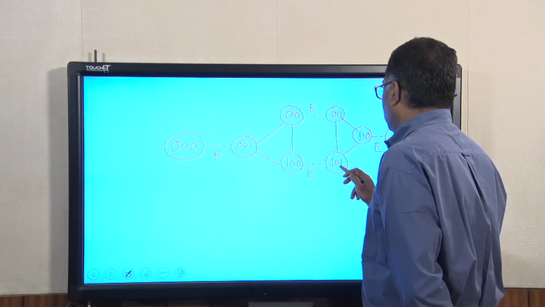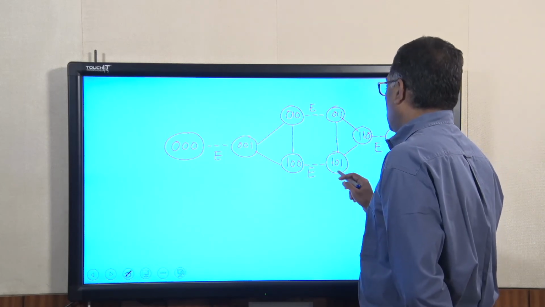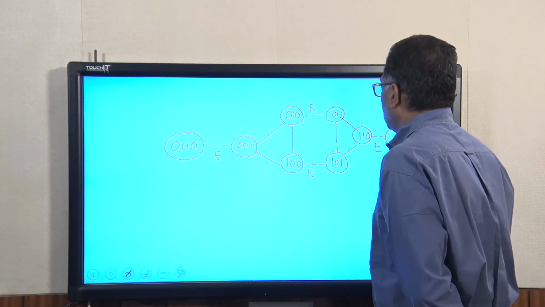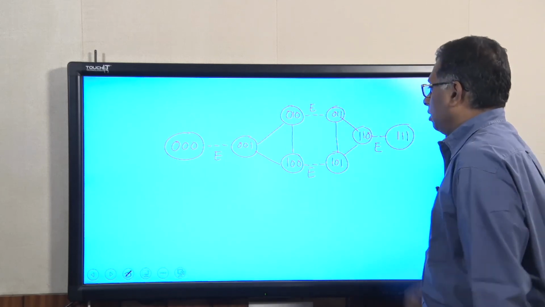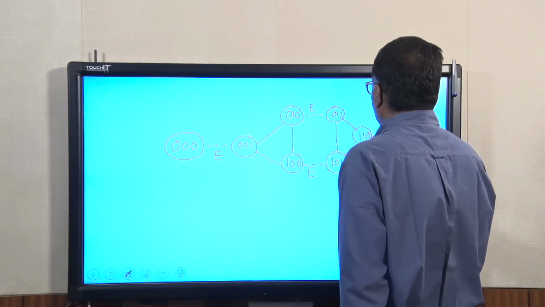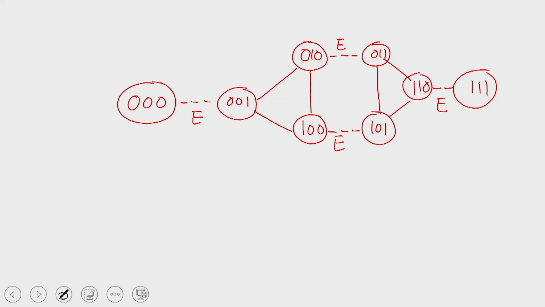Another left shift will take us to 101. Another left shift will take us back to 011. Right shifts will take us through the cycle in the opposite direction. Now, 111 when subjected to a cyclic rotation will give us 111 again. So, there is a shuffle edge from 111 to itself, and also a shuffle edge from 000 to itself. So, this is a three-dimensional shuffle exchange graph.